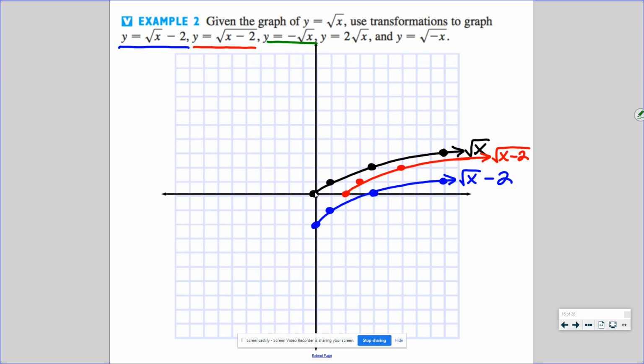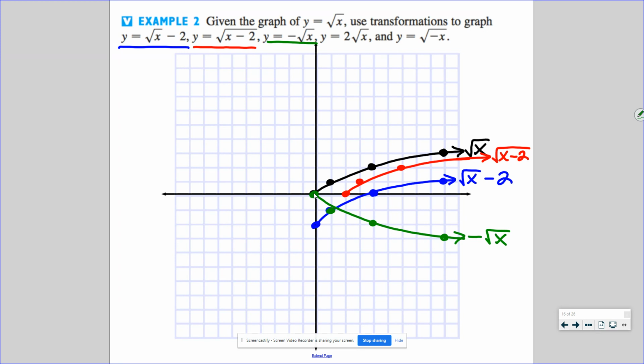So we need to flip the function, and that's going to make it reflect over the x-axis. Okay, so that's negative radical x.